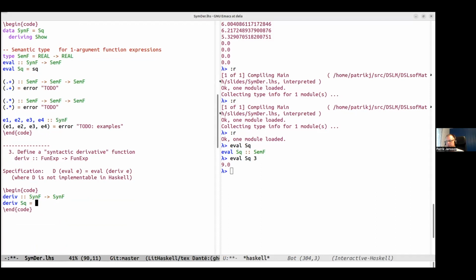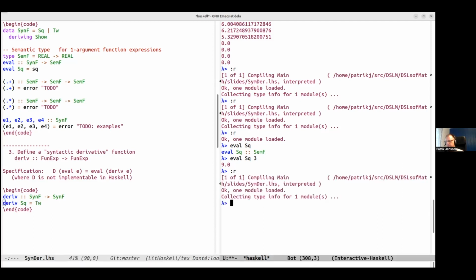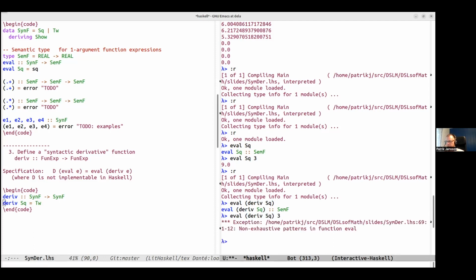Well, now suddenly we should have the function twice here, because otherwise we can't implement the derivative of squaring. So the derivative of squaring should be the function twice. Now we can evaluate the derivative of squaring. It says it's a function, apply it to 3, and it says non-exhaustive patterns. What's happened here is that we've written the evaluator for squaring, and then we added another constructor, twice, but we haven't implemented it. So let's add another case.